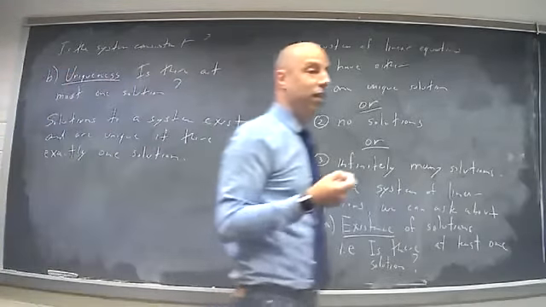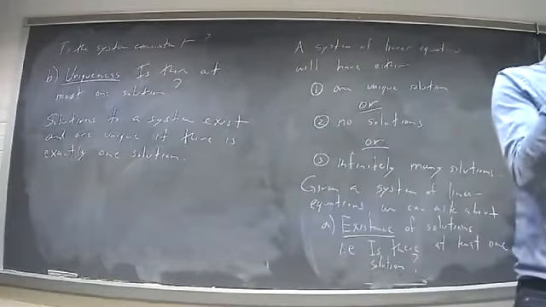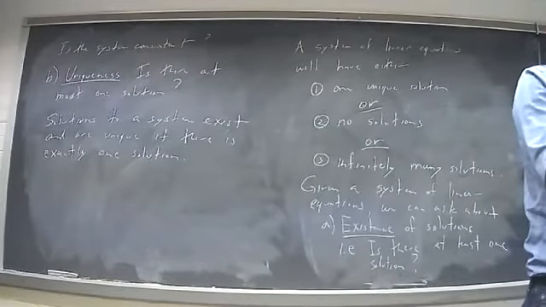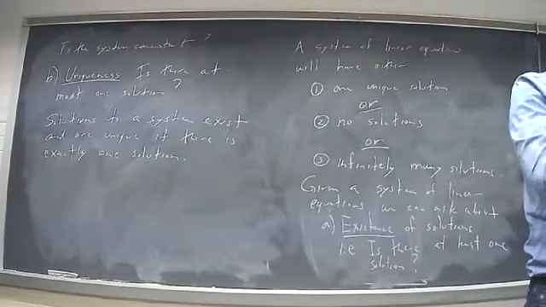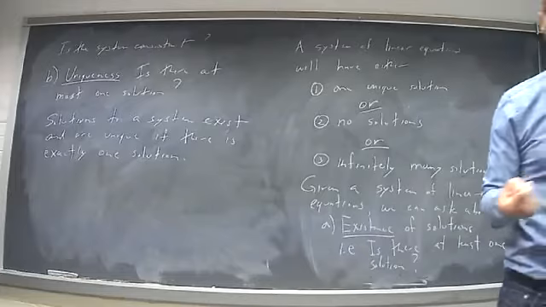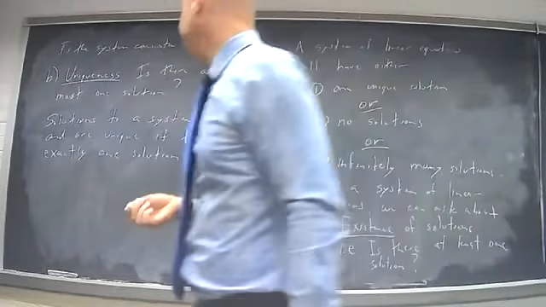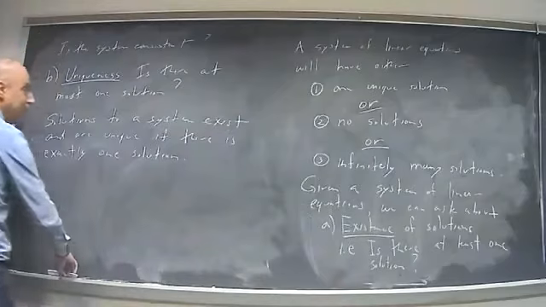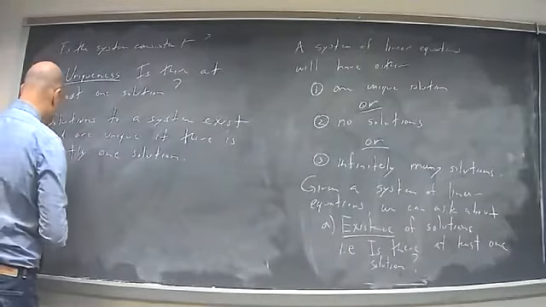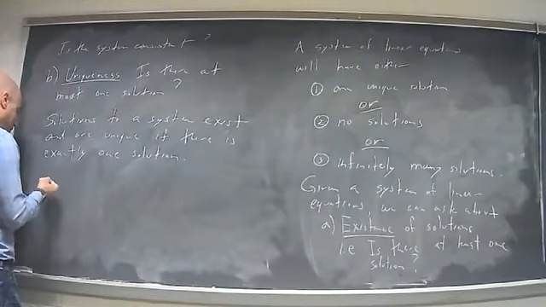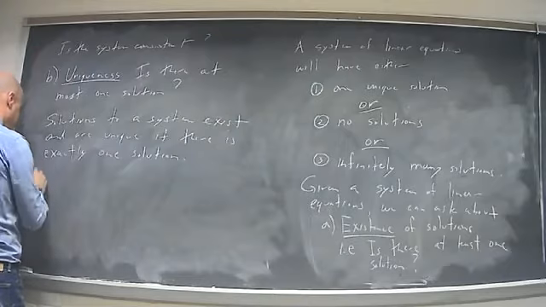A system with no solutions is unique, but doesn't pass existence. And a system with infinitely many solutions passes existence, but is not unique. So the question is, how can we answer questions about existence and uniqueness?